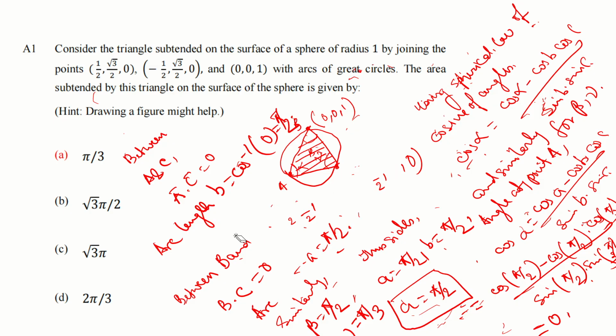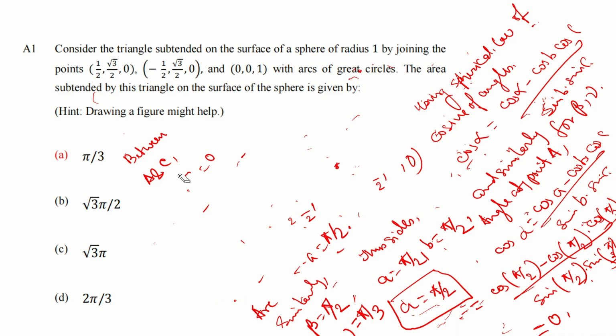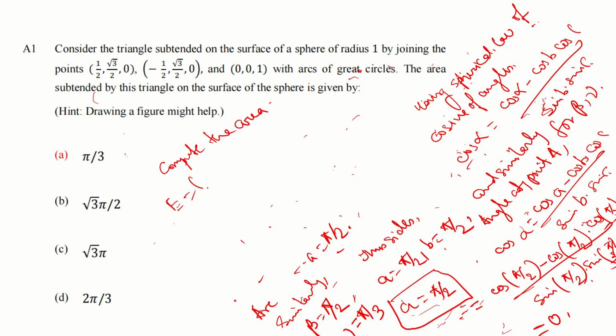Now we compute the area. So now we are going to compute the area, equal to alpha plus beta plus gamma minus pi, so it will be pi by 2 plus pi by 2 plus pi by 3 minus pi, so it will be pi by 3.